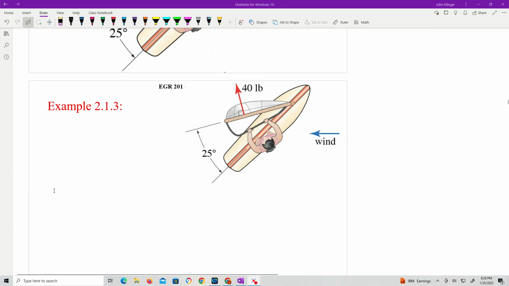All right, let's take a look at this. I have this vector. I'm going to redraw it on top here. I have the direction of the sail here, and I have the direction of the board.